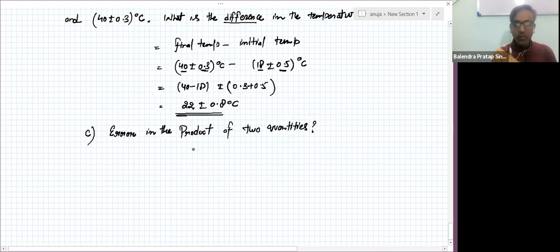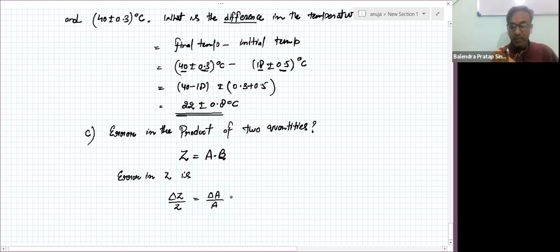Okay, let's do it. Suppose quantity A and quantity B are defined such that Z is equal to A into B. In our first case, I discussed Z is equal to A plus B, and another one was Z is equal to A minus B. Here the operation is Z is equal to A into B. In this case, the error in Z is delta Z upon Z. Here the formula is a little bit different: delta Z upon Z is equal to delta A upon A plus delta B upon B. This is the formula.